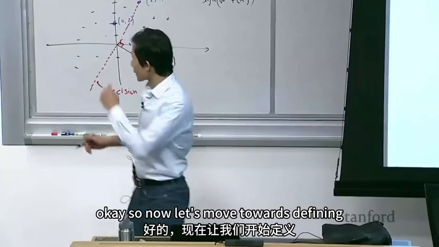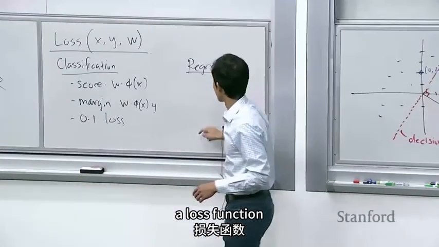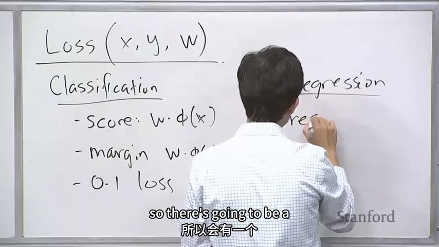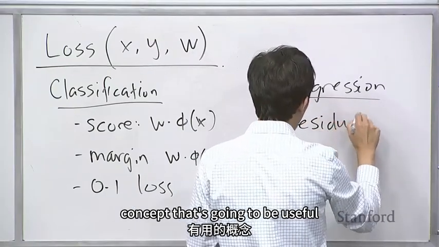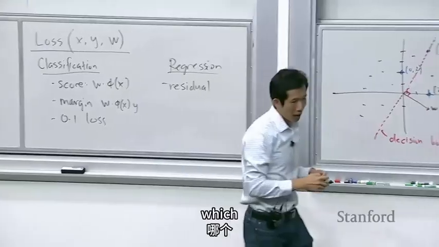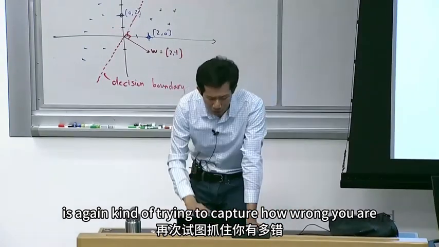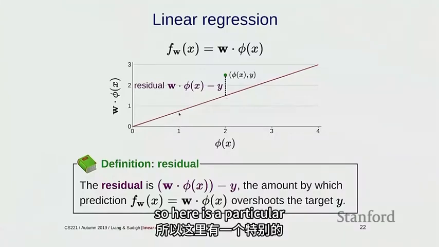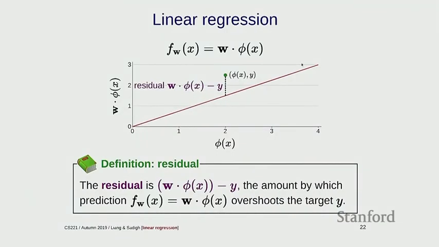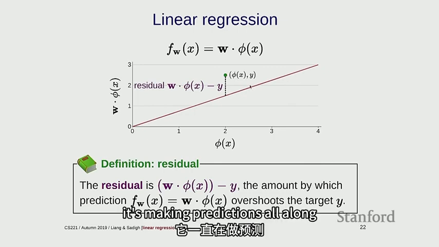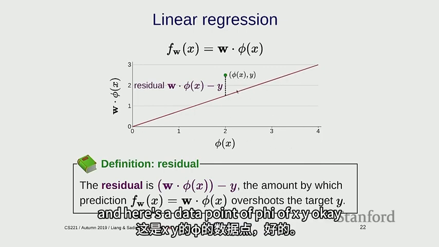Okay, so now let's move towards defining a loss function. There's a concept that's going to be useful. It's called the residual, which is, again, trying to capture how wrong you are. So here is a particular linear predictor, linear regressor, and it's making predictions all along, for different values of x. And here's a data point of phi of x, y.